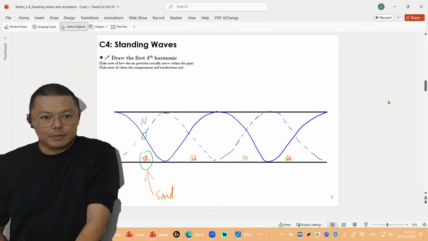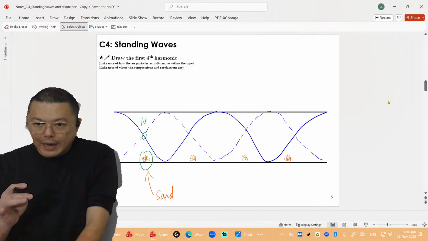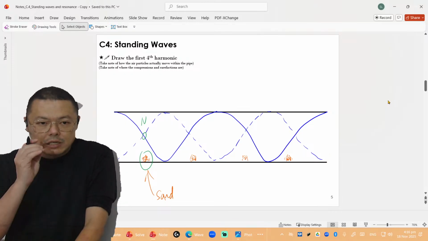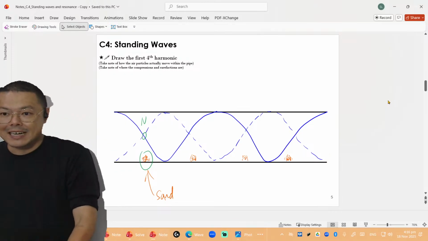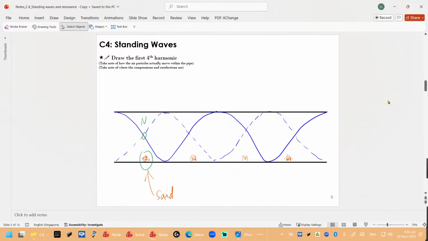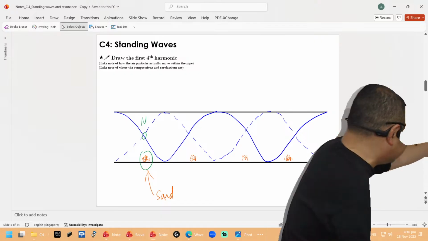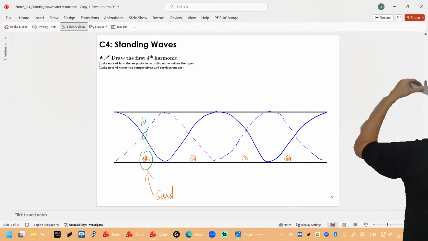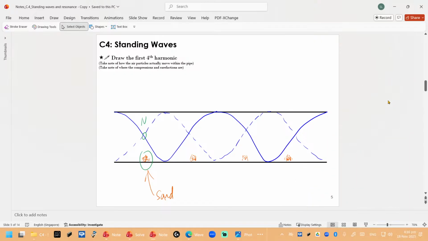So here's the thing. How does a standing sound wave actually look like in real life? Can you see a standing sound wave in real life? You can't.